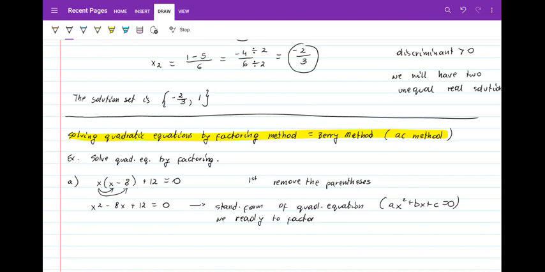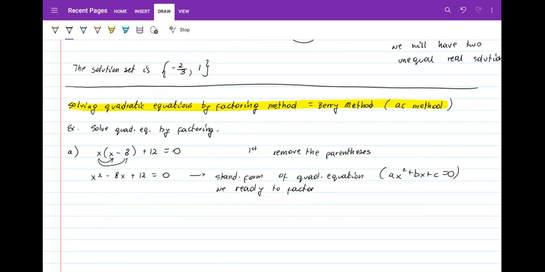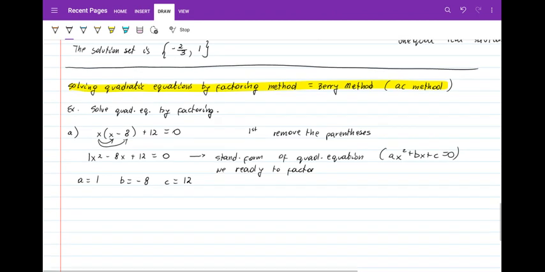Not every quadratic equation can be factored, so be aware of that. If you cannot factor quadratic equation, then try to solve using quadratic formula. So standard form, in this case, a will be 1, that's the coefficient in front of x squared. B will be negative 8, coefficient in front of x. C, it's always number by itself, which is 12.